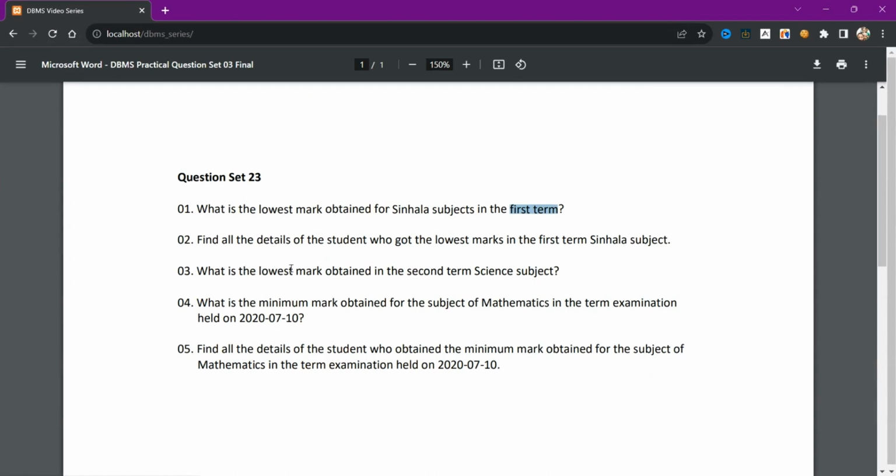What is the lowest mark obtained in the second term science subject? So we need to find out the lowest marks taken by a student in the second term science subject. So the third question is same as the first one.